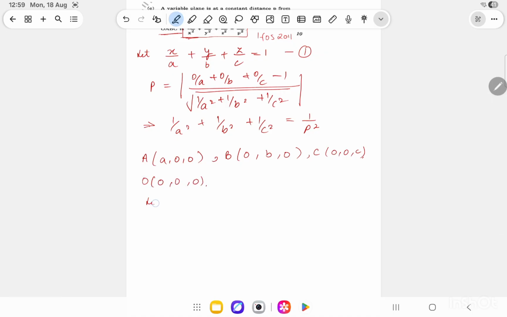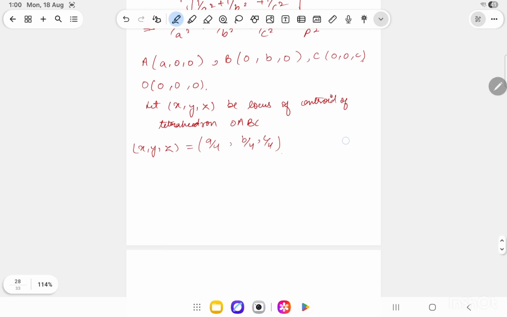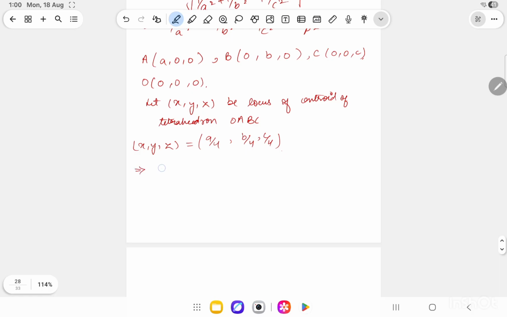So let x, y, z be the locus of centroid of tetrahedron OABC. So we'll get x, y, z as a by 4, b by 4, c by 4. If we equate, we'll get a equals 4x, b equals 4y, and c equals 4z.